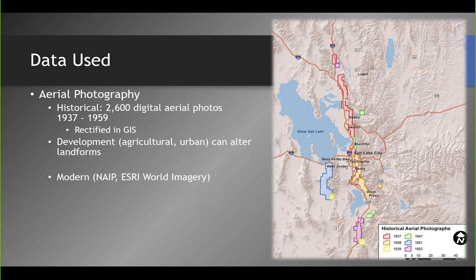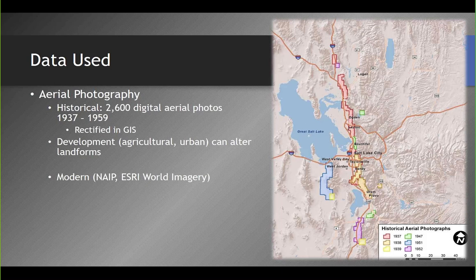So going back to older historical aerials is really critical for any geomorphic study. The older you can get, the better. We were able to collect over 2,600 digital photos, single photos, spanning from 1937 through 1959.